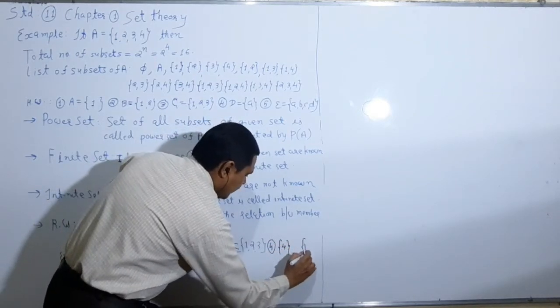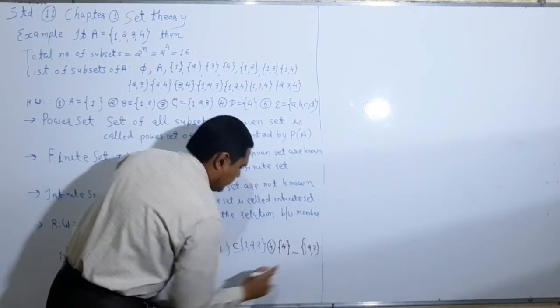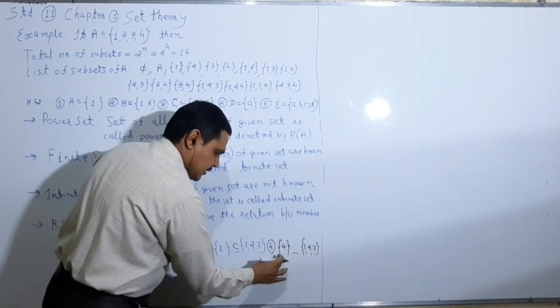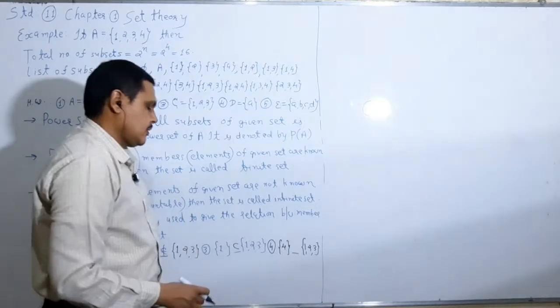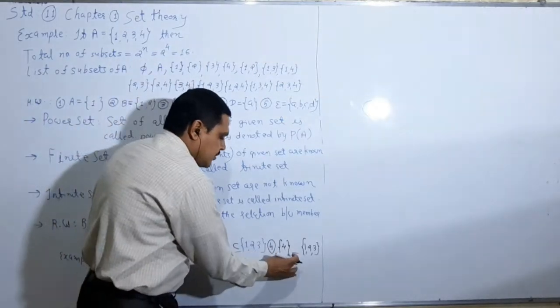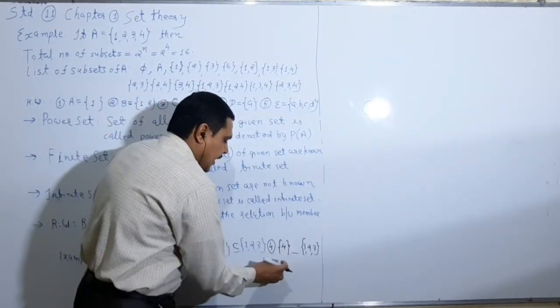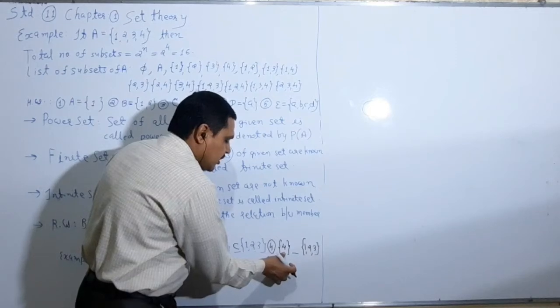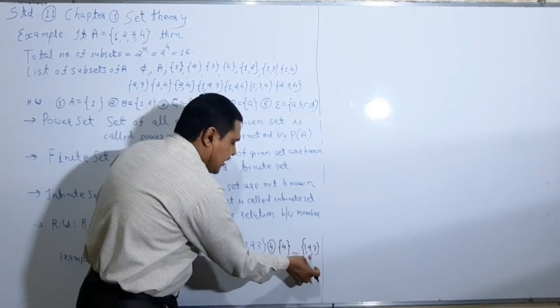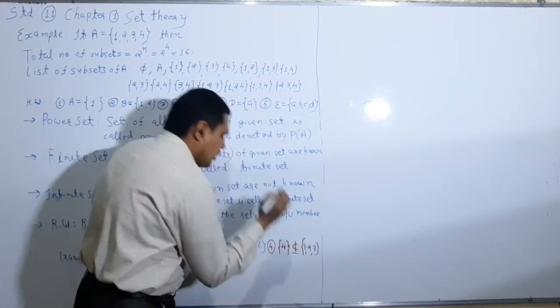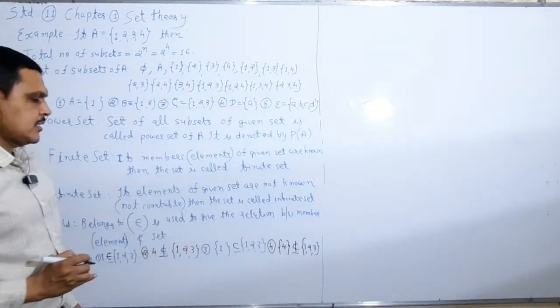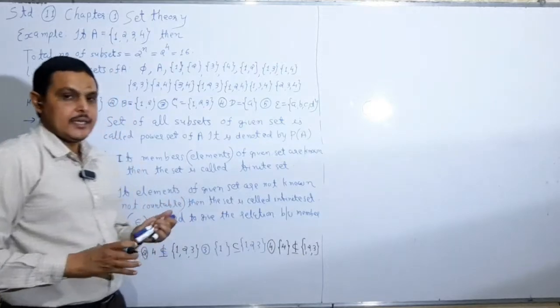If there are sets on both sides of the blank, and here the member 4 is not a member of this set, so we have to put not subset, the symbol not subset here.